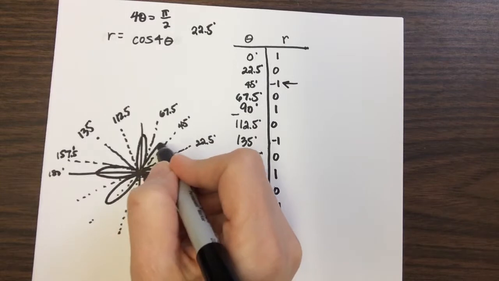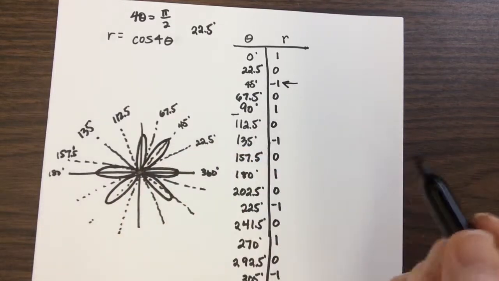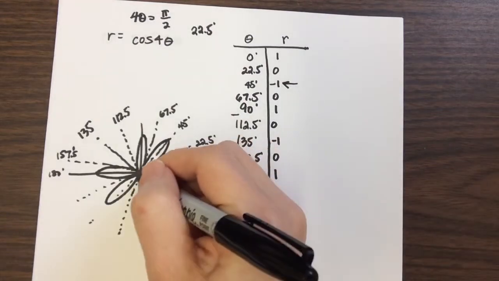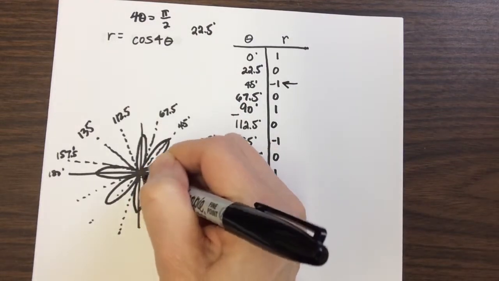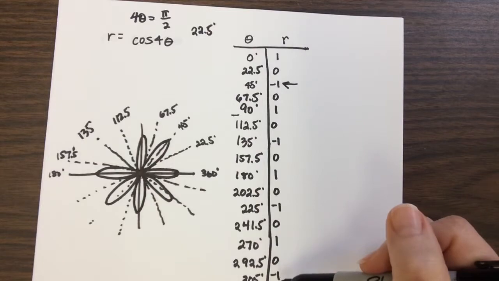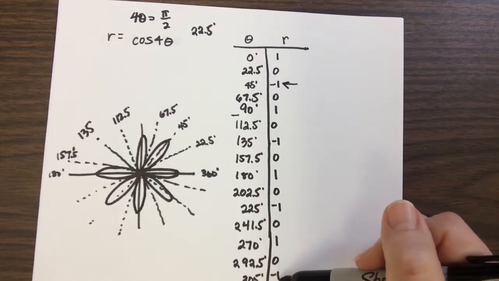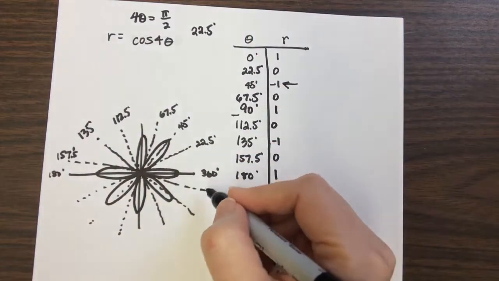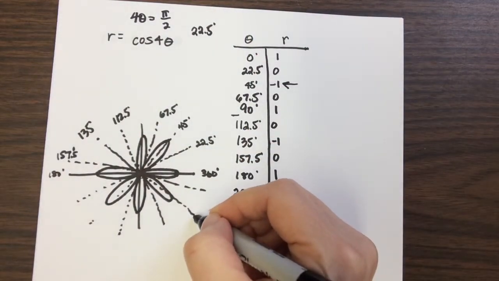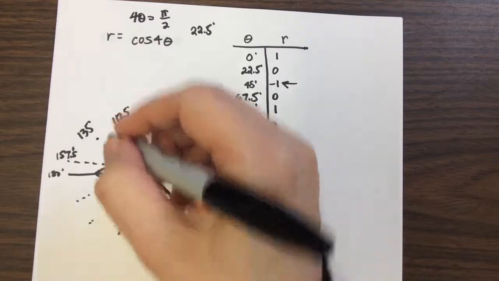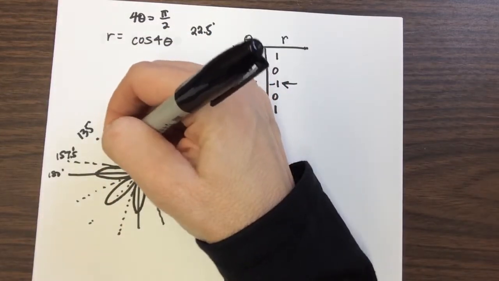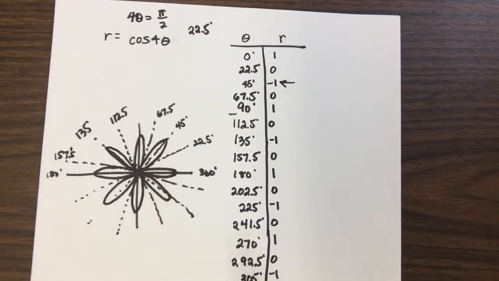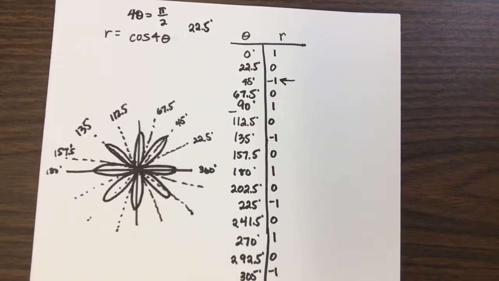At 270, I'm at 1. And at 315, I am negative 1. Where's 315? There it is. Cross from that to 1. And then at 360, I am back where I started from.